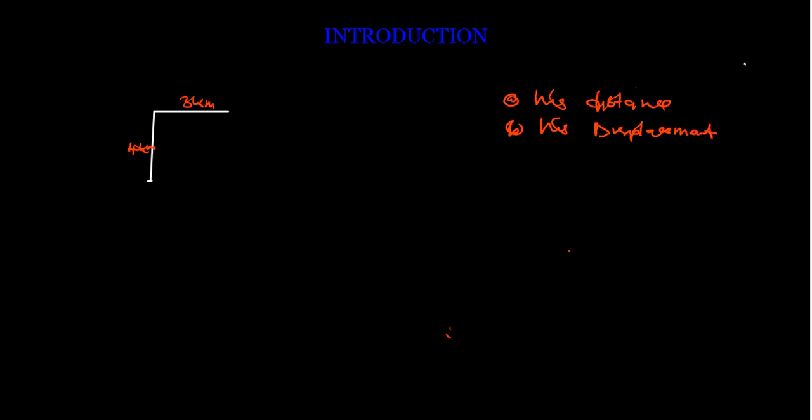So this displacement I'm talking about is more like I'm asking you to find the resultant vector. What will be the resulting vector after having those directions, because we are only interested in one vector, the resultant.